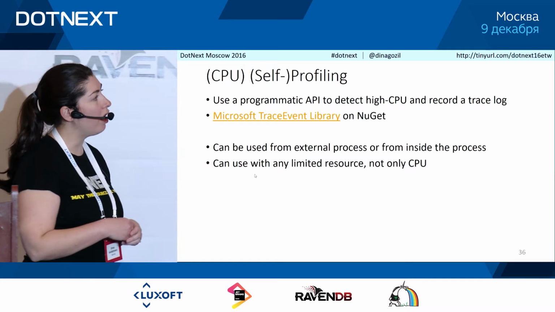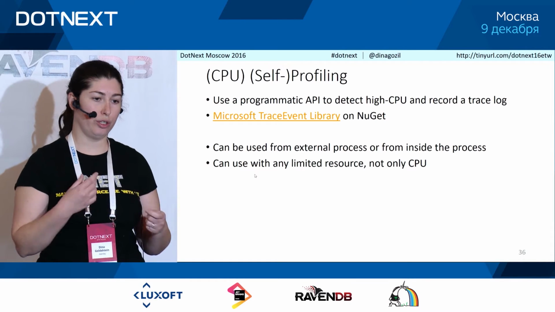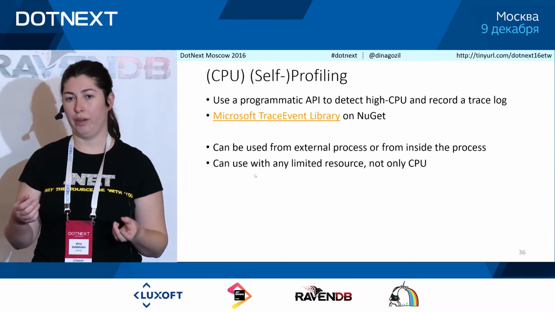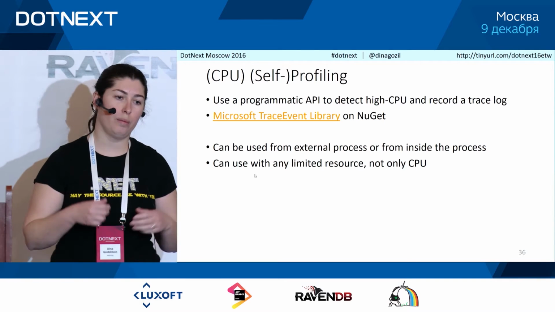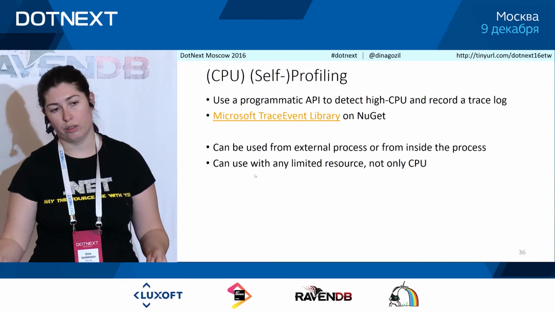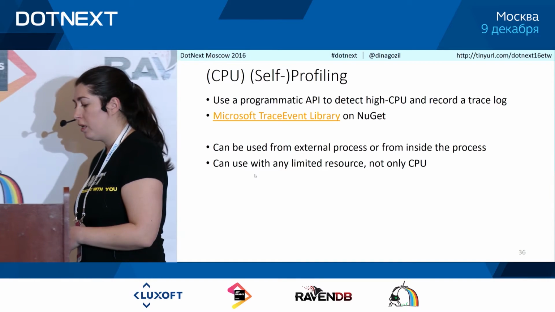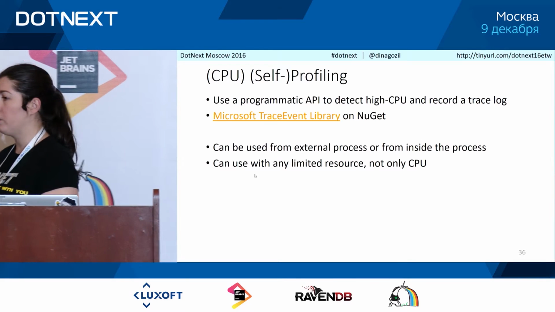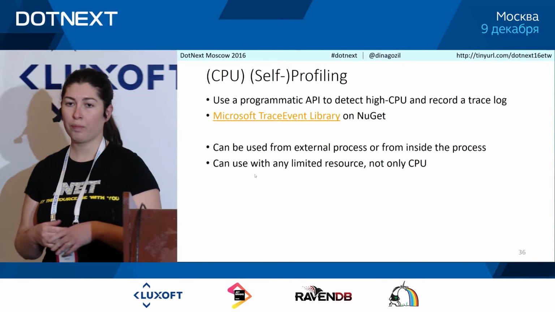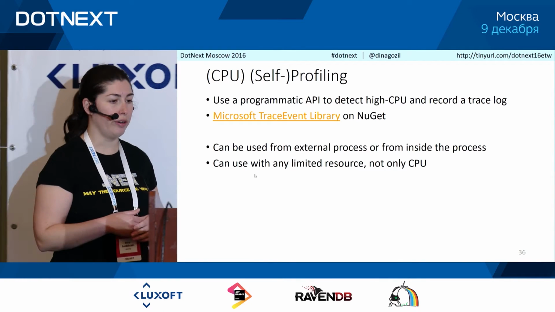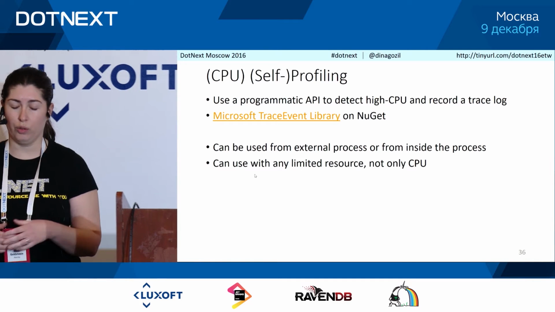Okay. So far, we used a tool in order to record. It was somewhat manual, right? We knew we had a problem, we went to the machine, we turned on some tool, we started collecting, analyzing, and so on. But it turns out that it's possible to automate this process. There's a .NET library called Trace Event, available in NuGet.